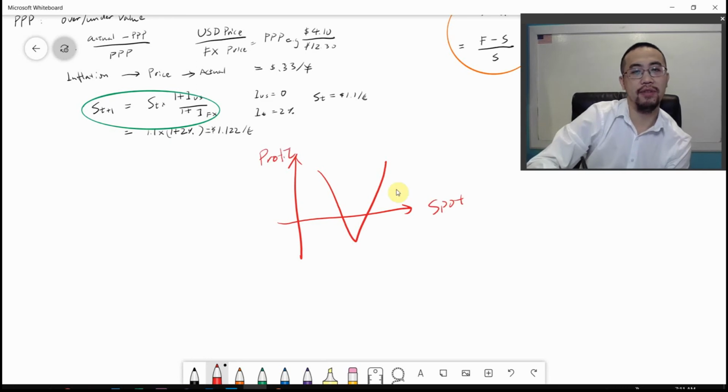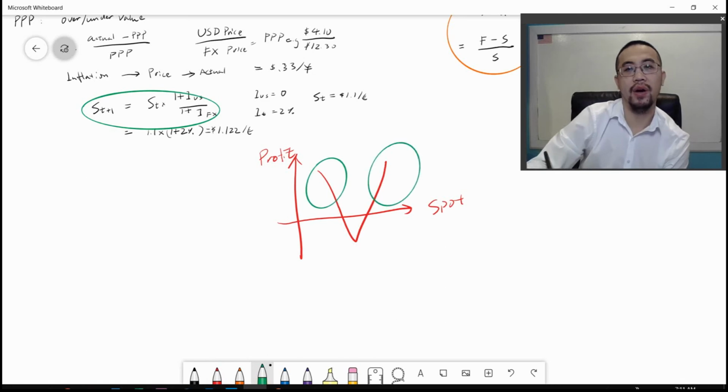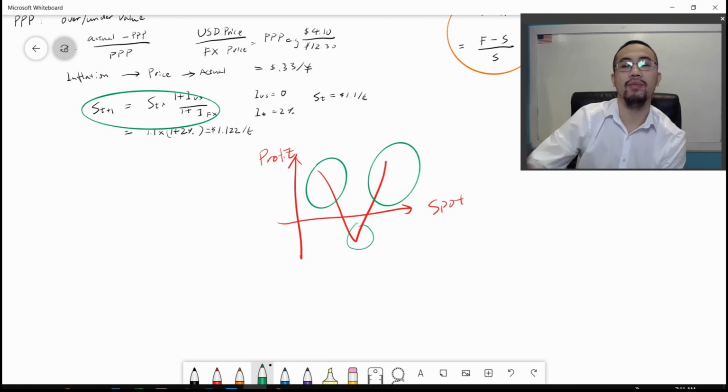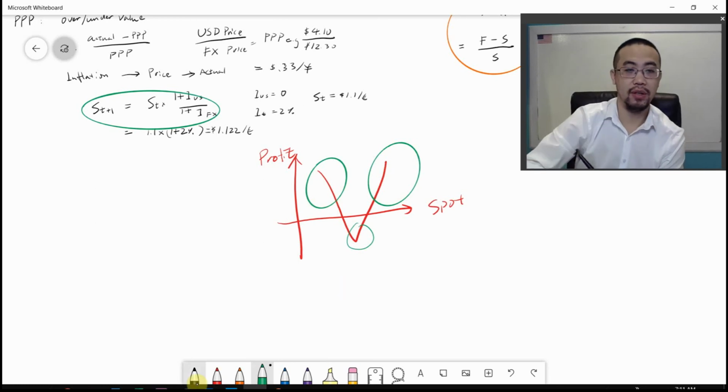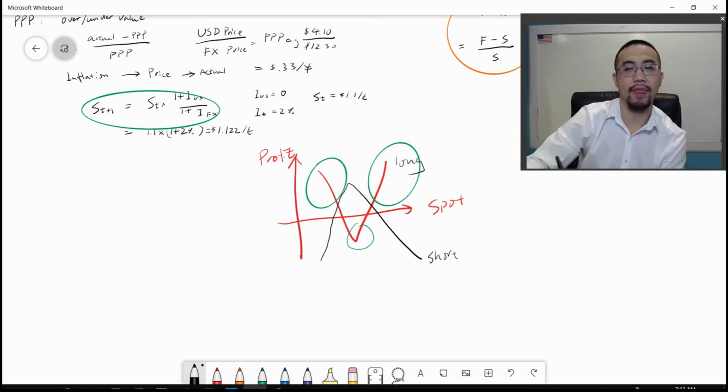So basically, if the exchange rate is getting very low, you make a profit. If the exchange rate is getting very high, you also make a profit. If the exchange rate is getting stable, you make a loss. So you're betting on a very volatile market, so you can profit from both ends. If you are thinking the exchange rate is going to be stable, then you should be on the right hand side of the straddle. All right, so this is the short and this is the long.